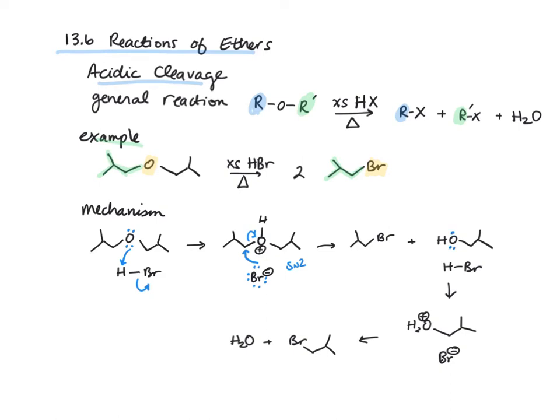Next, we treat our alcohol with the strong acid, forming this cationic intermediate. And again, look, we've got bromide, our good nucleophile, that attacks the carbon containing the leaving group and displaces water. So now our product is that alkyl halide plus water.